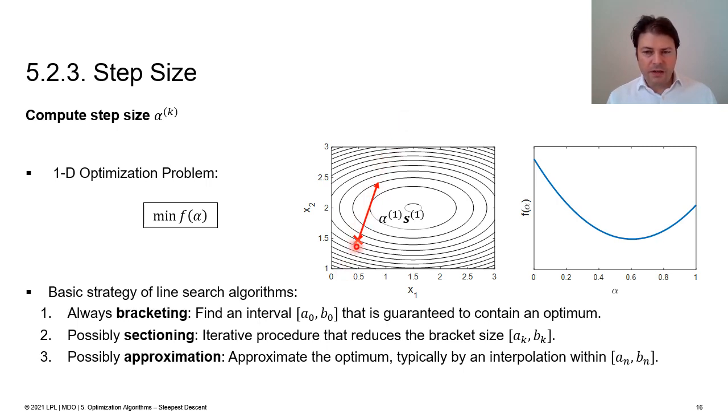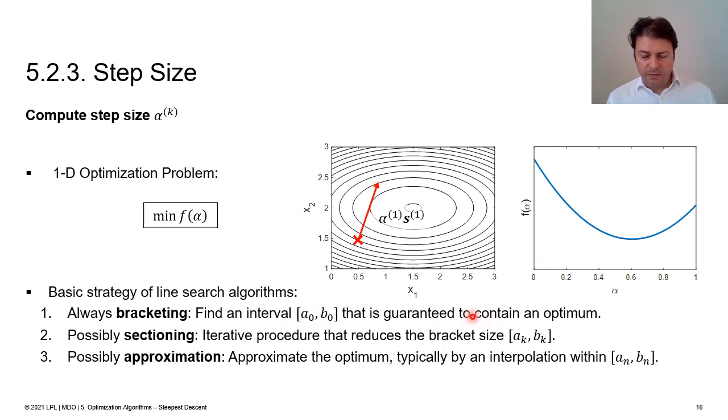There are three ingredients that we will use, sometimes in combination, in order to perform this line search. One ingredient is called bracketing. With bracketing, you identify an interval that is guaranteed to contain an optimum.